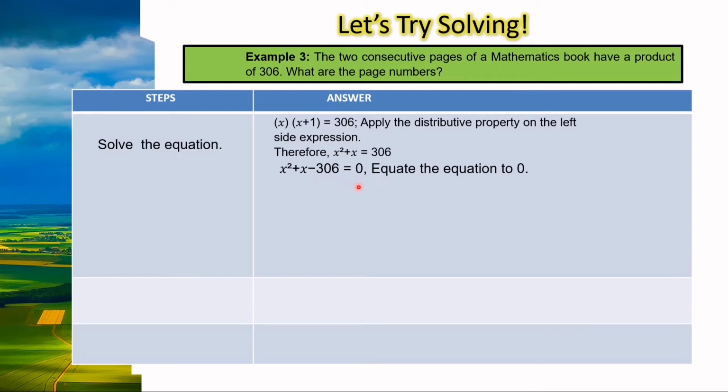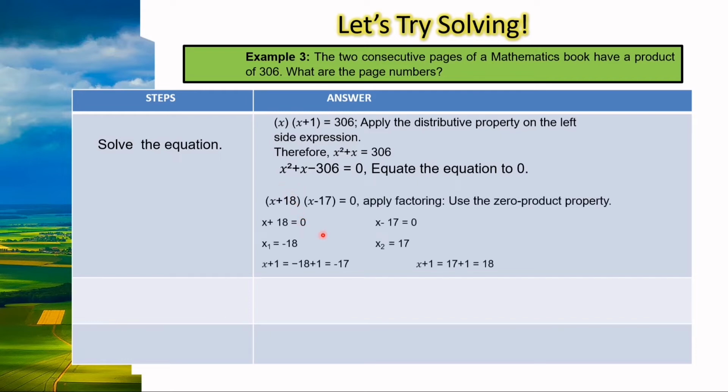Why is it that you equate the polynomial to 0? Very good. We need to equate it to 0 so that we can get its factors. If we can equate this polynomial into 0, can we also equate its factors to 0? Exactly. We can also do that.